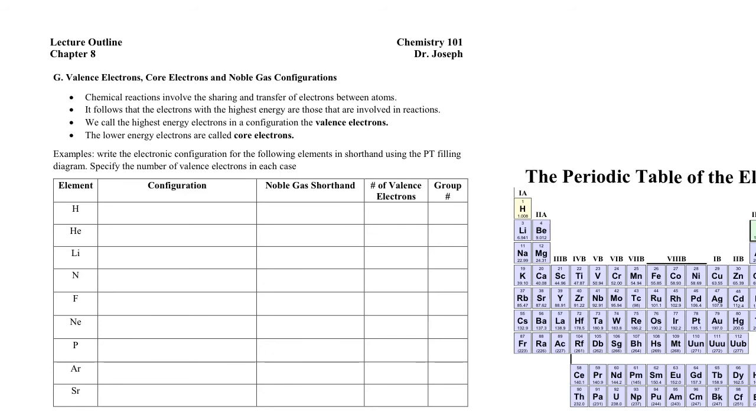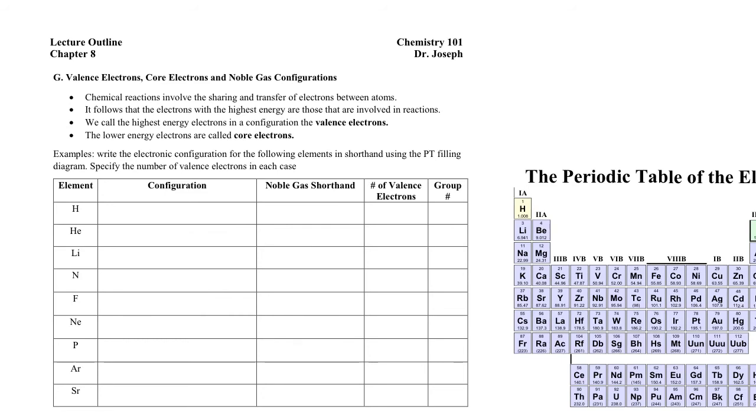So we already kind of know this a little bit, but chemical reactions involve electrons, and specifically they involve the sharing and or transfer of electrons between different atoms. And it turns out that the electrons that are involved in those chemical reactions are the ones that are the highest energy, not the lowest energy ones. And we've learned to call those high energy electrons valence electrons.